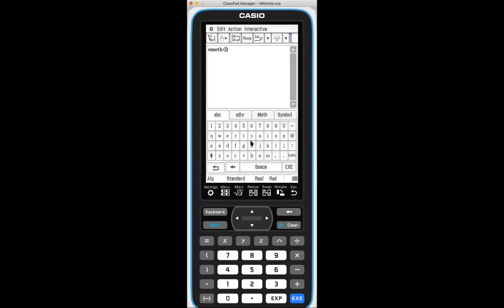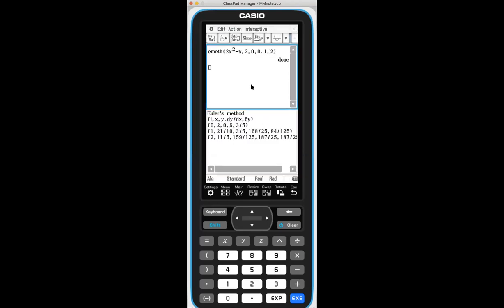What is my dy/dx? 2x squared minus x, comma. x starts from 2. y starts from 0. What is the step length? 0.1. And finally, number of steps, 2 steps. I obtained only exact values, so I will click the first line, then click 0.5 to half.